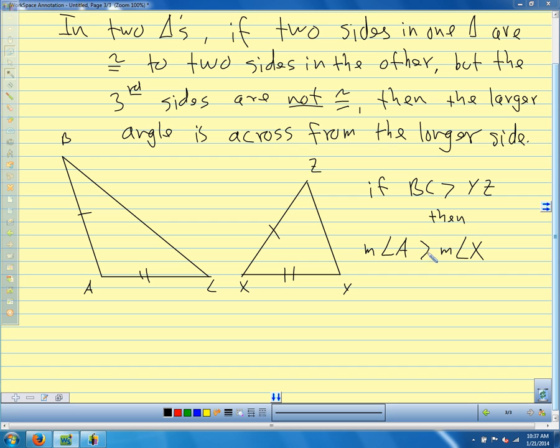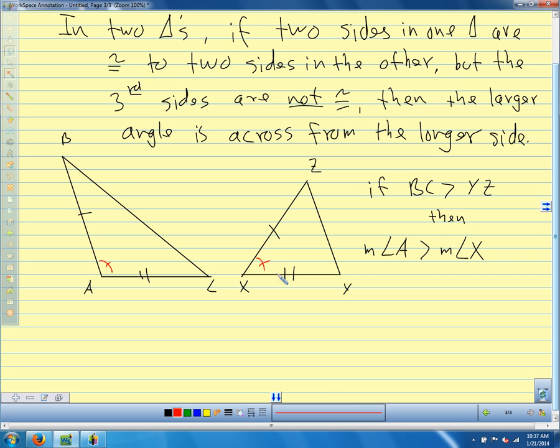What if we assume that the measure of angle A equaled the measure of angle X? So I'm going to mark my triangle here, like so. If I mark those two angles congruent, I have a side angle side and a side angle side on two triangles. What does that tell me about the triangles?